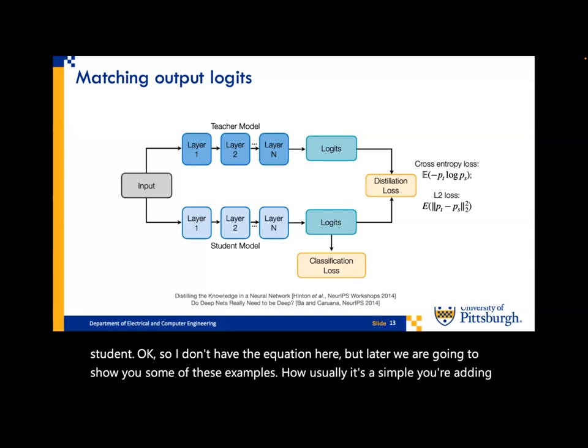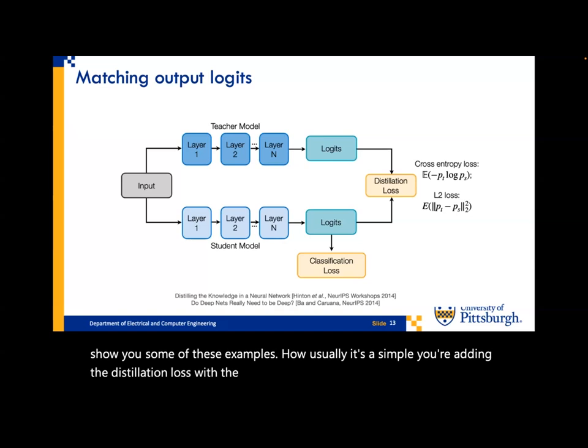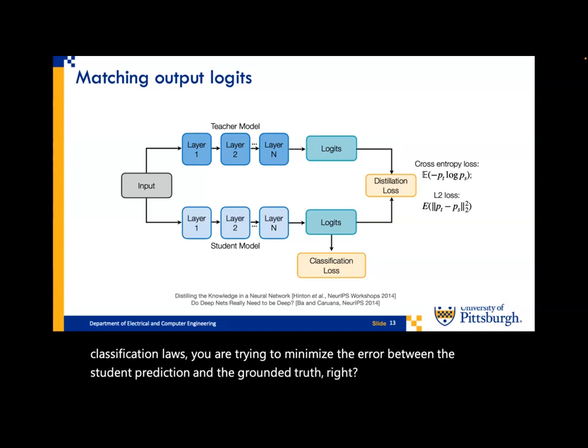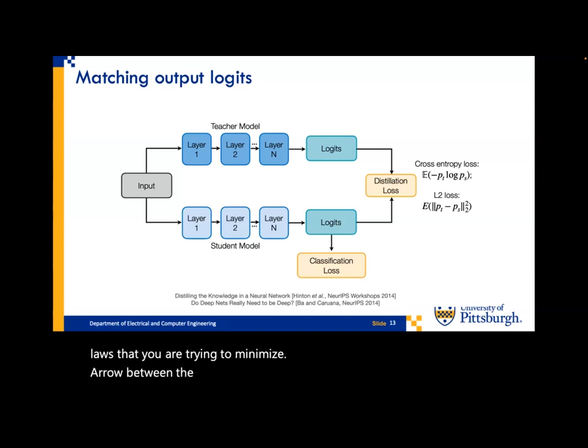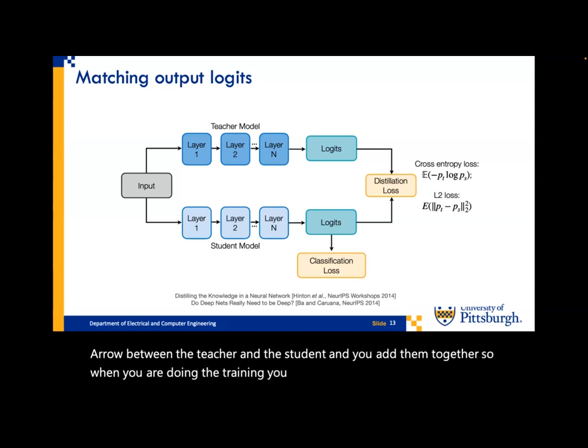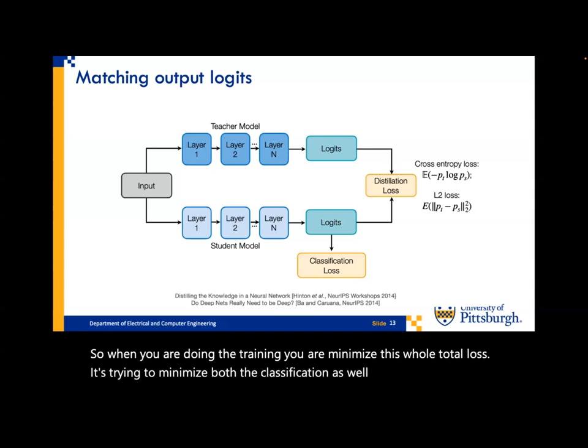With the classification loss, you minimize the error between the student prediction and the grounded truth, whereas with the distillation loss, you minimize the error between the teacher and the student. You add them together, so when training you are minimizing the whole total loss, both the classification and the distillation loss.